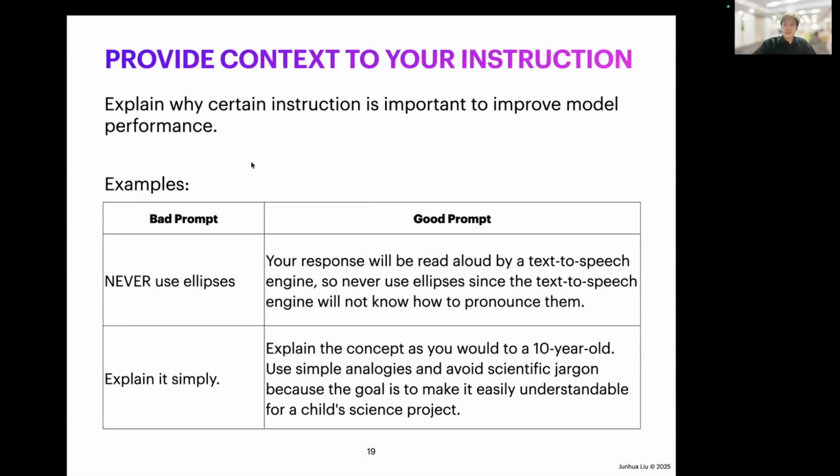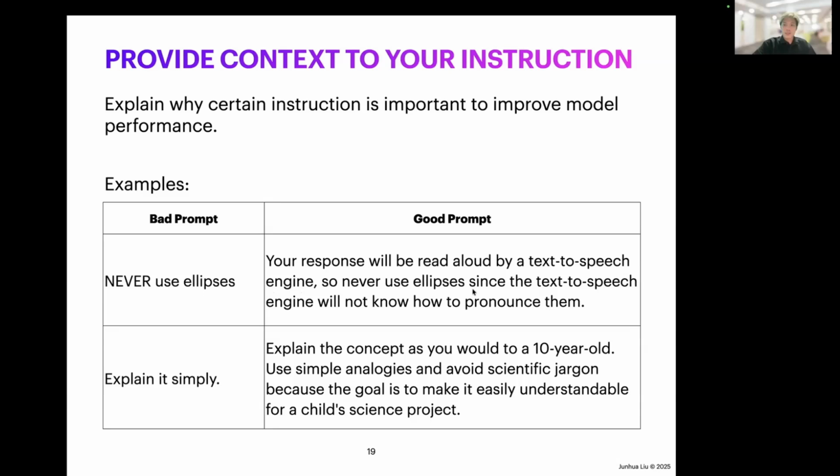The second thing to do is to provide context to the instruction. Instead of only asking the LLM to not do something, we can explain the rationale, or why we ask the LLM to do so. One example is that instead of asking the LLM to only never use ellipses, we can tell the LLM that your response will be read aloud by a text-to-speech engine.